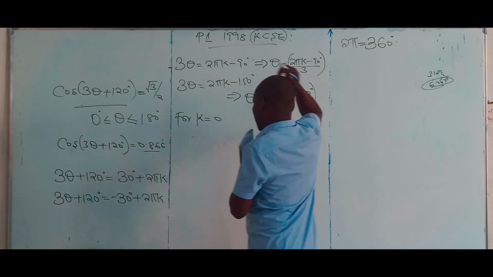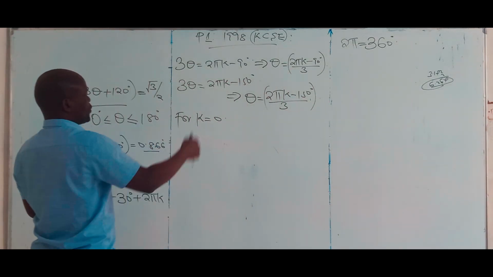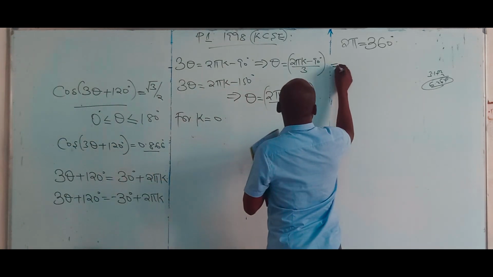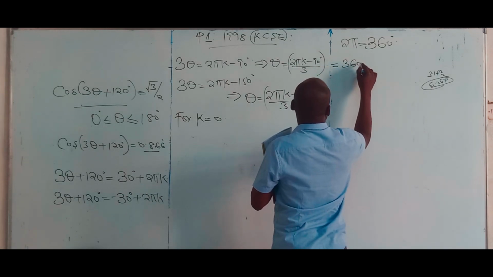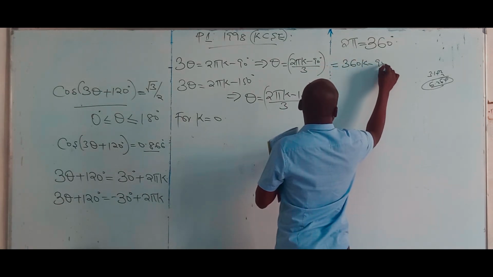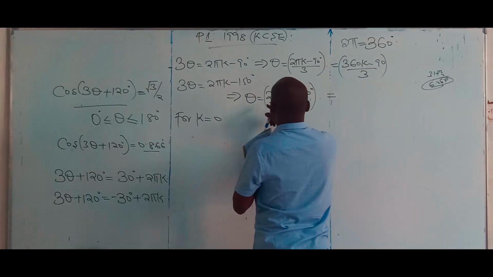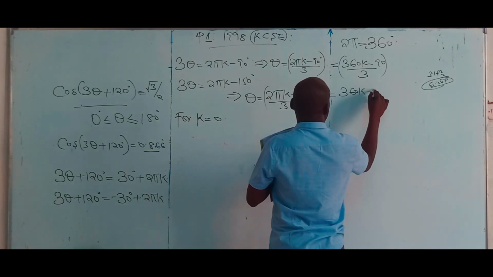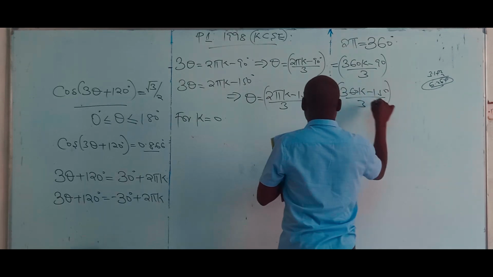So whenever we have 2 pi, we substitute 360 degrees. This becomes (360k minus 90) over 3, and the second part is (360k minus 150) over 3. Those are the values that we have.